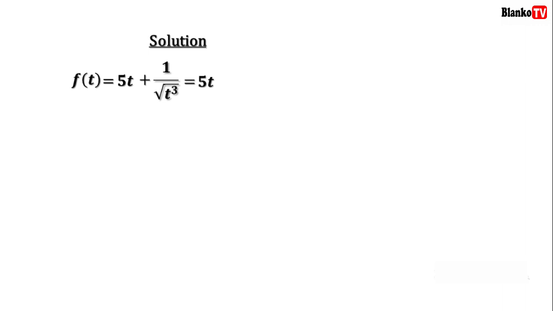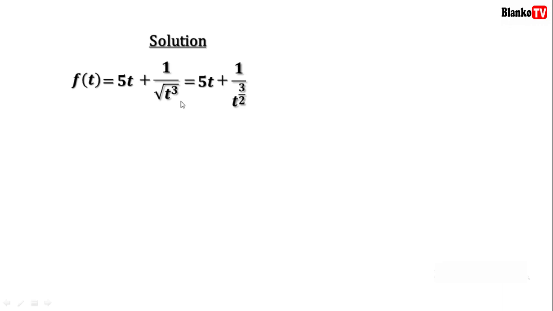So we have 5t plus, now we can rewrite 1 over the square root of t raised to the power 3 to be 1 over t raised to the power 3 over 2.